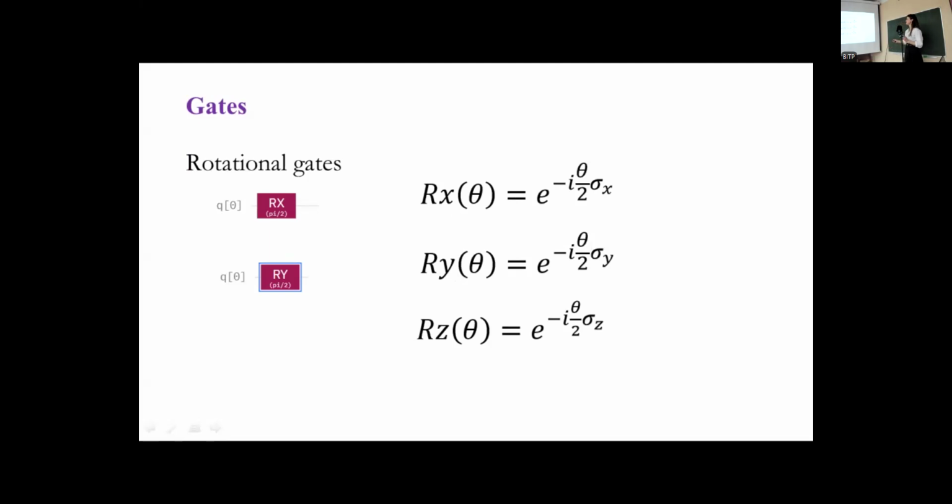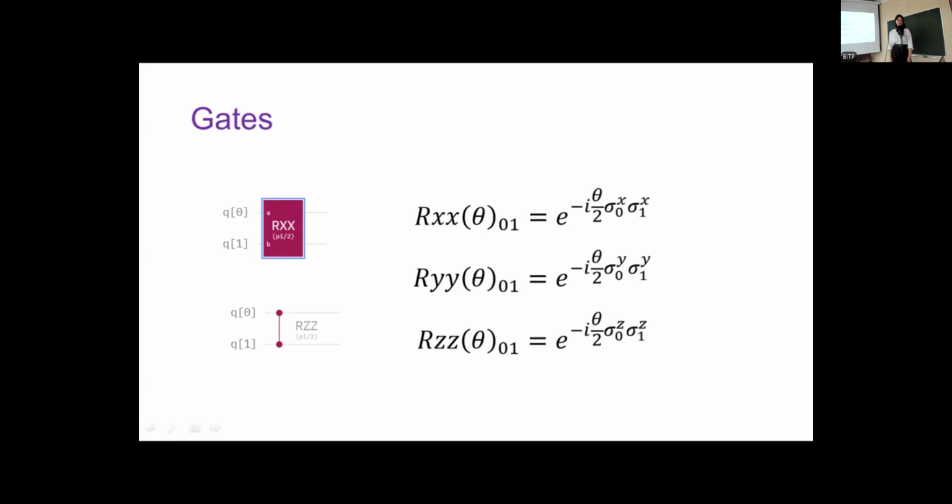And the parameter theta is used here, and this is the angle of rotation of the quantum state. And the explicit expression for this operator is the following. So we have an exponent, and in the exponent we have sigma x, sigma y, and sigma z operators. And these operators are Pauli matrices. The notations are commonly used as the following.